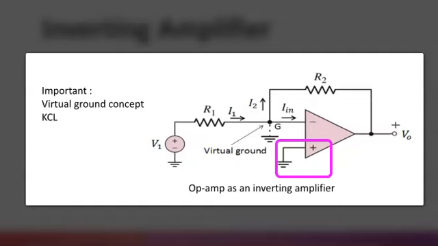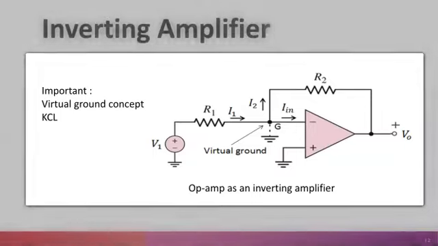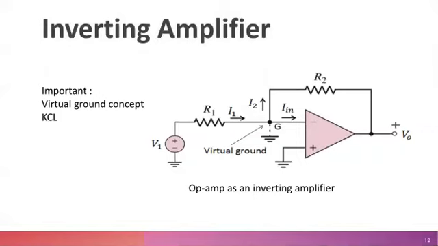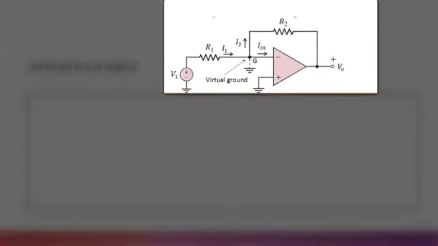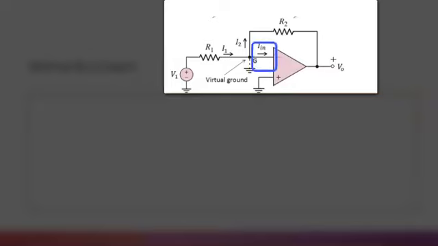This op-amp inverting amplifier circuit uses only two additional electronic components, R1 and R2, and this makes it very simple and easy to implement. Let's derive the inverting amplifier gain equation. As far as our calculations are concerned, the input to the op-amp itself at the inverting terminal has no current, or In equals 0.